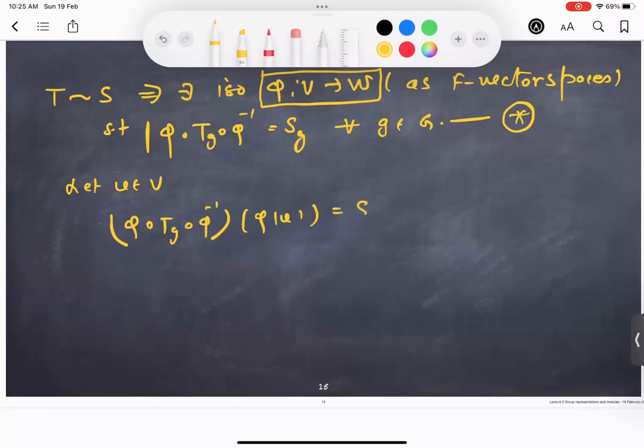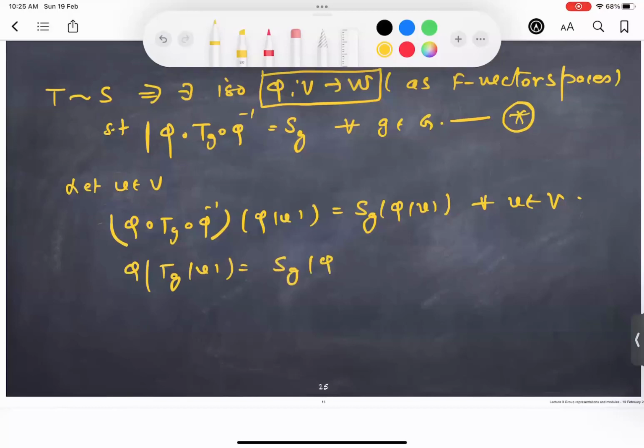Phi v is an element of W. So S_g on elements of W I can compute. This is true for all v in V. And so this gives you phi T_g v is equal to S_g phi v.